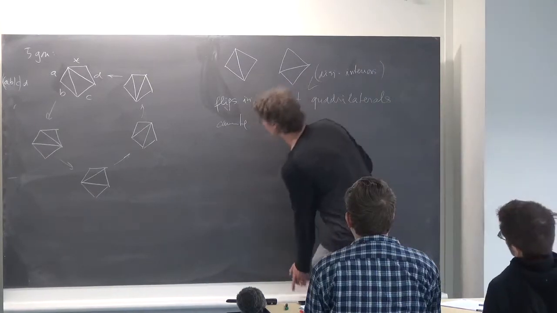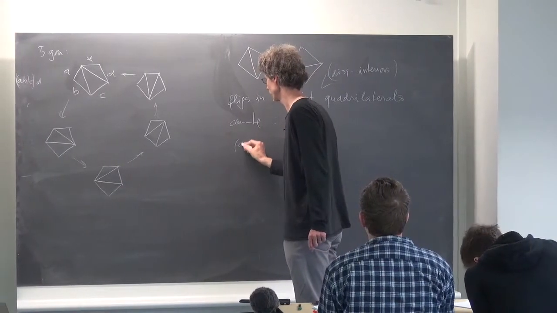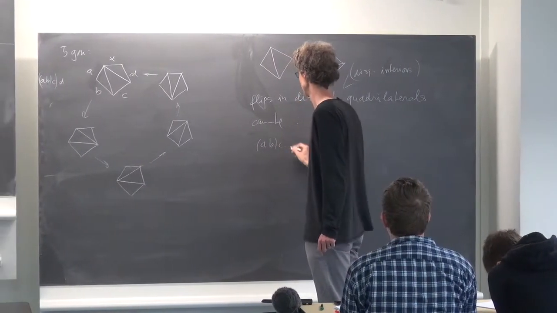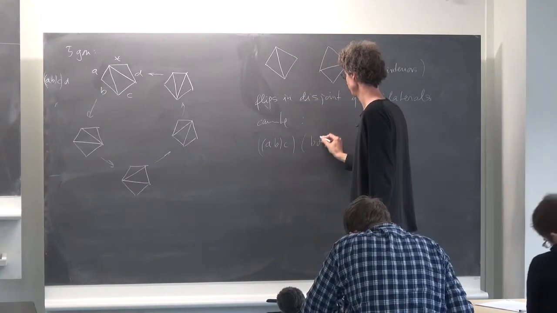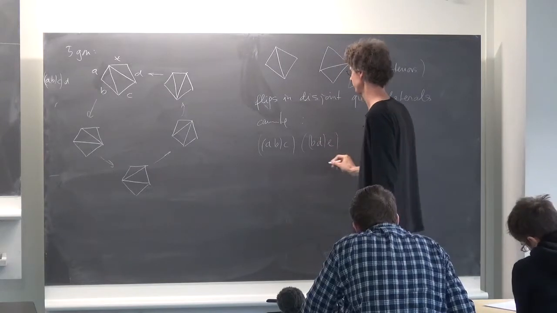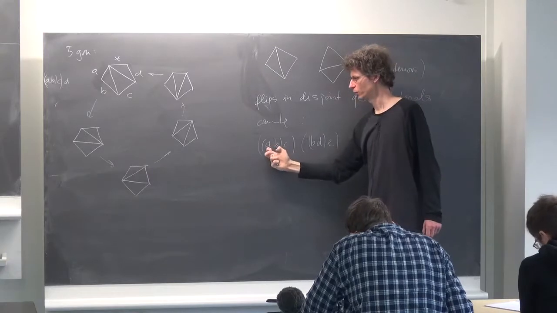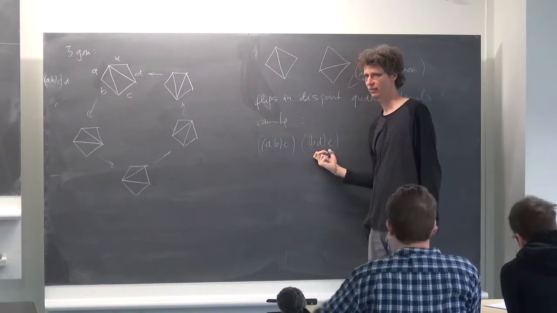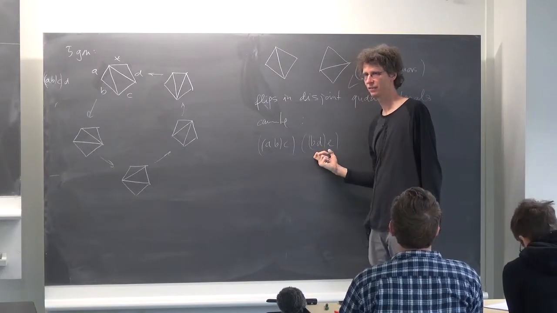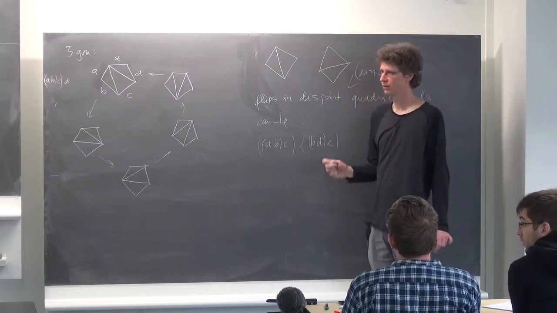Because what might happen is, say, let's imagine that we have something like this: A, B, C, and times B, D, E. That's a situation like this. So we can do the flip here, or we can do the flip here, and these things commute. And why would they commute? Because it's more or less the same map, because you just tensor. Yeah, exactly.